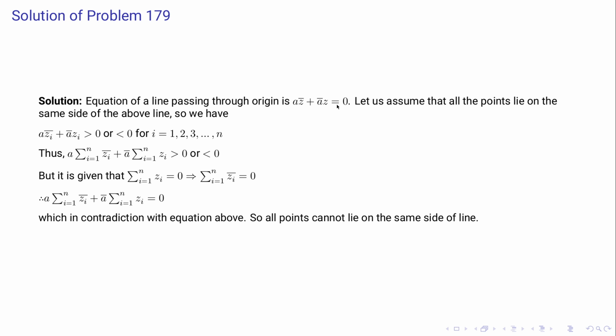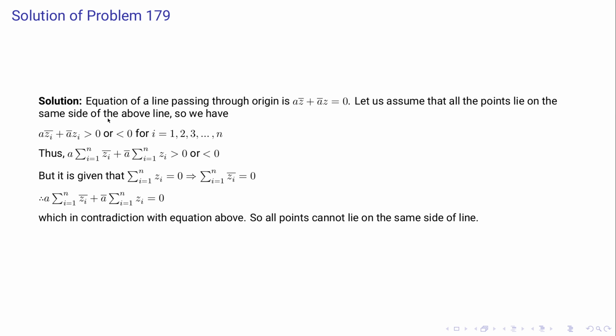Now, since this line is passing through origin, the constant b, which we have in a typical equation of a line, will become 0, because that b represents the intercept on the y-axis. But for a line passing through origin, the intercept would be 0. So the equation of the line is a z bar plus a bar z is equal to 0.